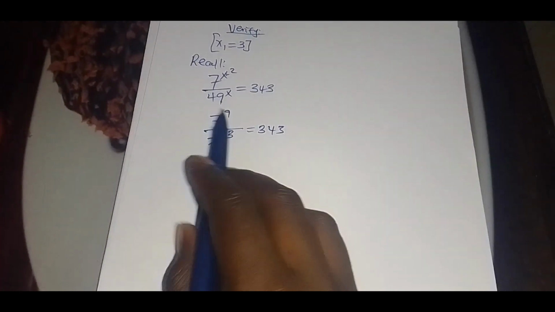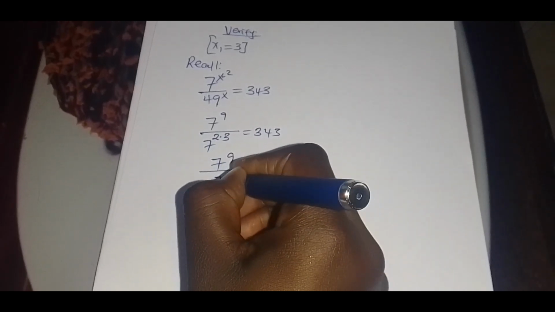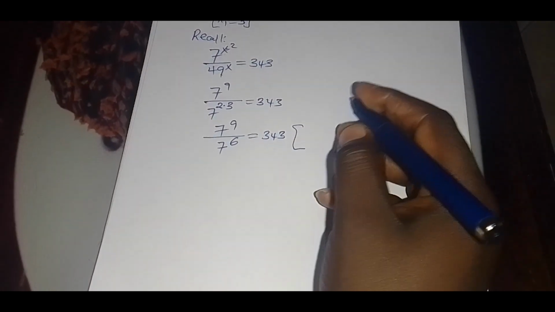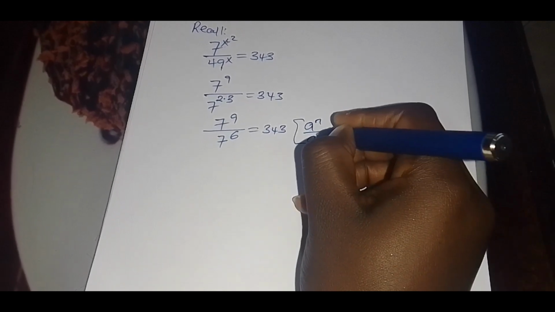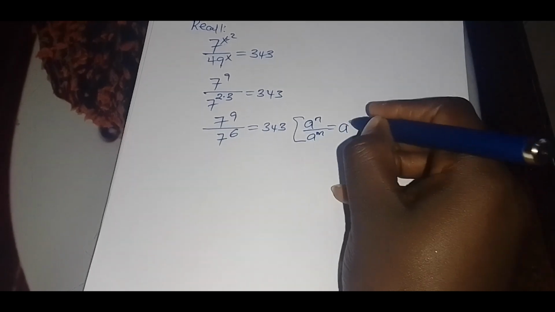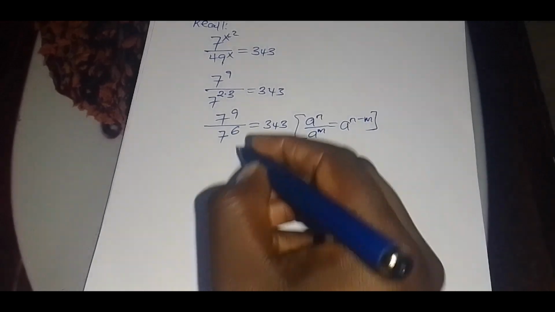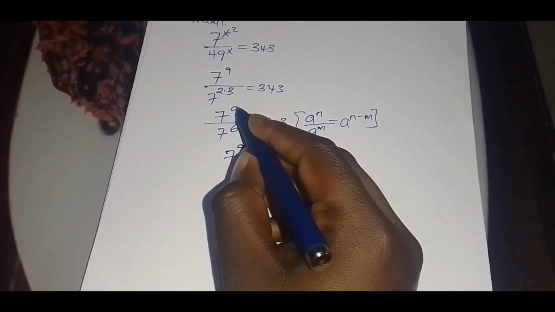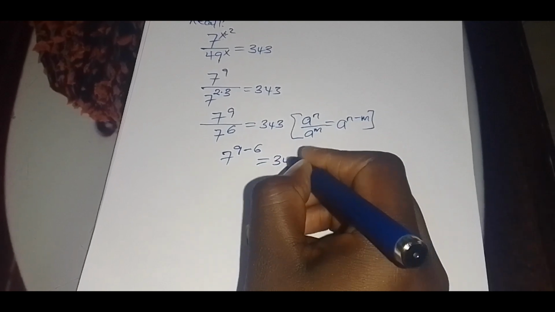Okay, so we'll have 7 raised to the power 9 divided by 7 raised to the power 6. This is equal to 343. Okay, so if you apply the indices identity that states that if you have a raised to power n divided by a raised to power m, this is equal to a raised to power n minus m. Okay, so we apply this identity so that we'll have 7 raised to power 9 minus 6, which is supposed to give us 343.